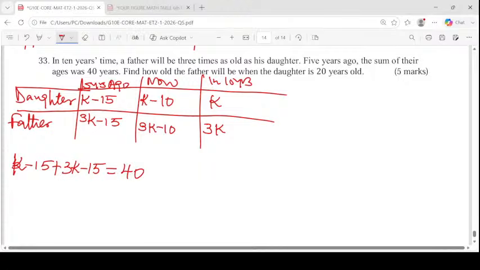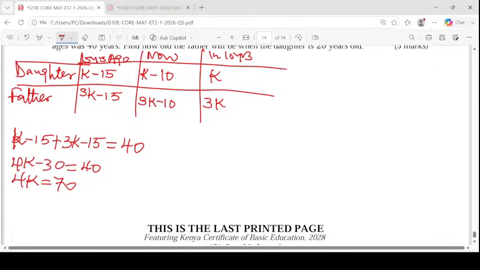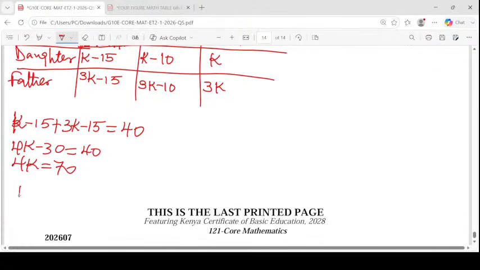So this will be k plus 3k, that is 4k minus 30 equals 40, meaning 4k is equal to 70. If 4k is 70, then k is 17.5 years by now. 17.5 years.